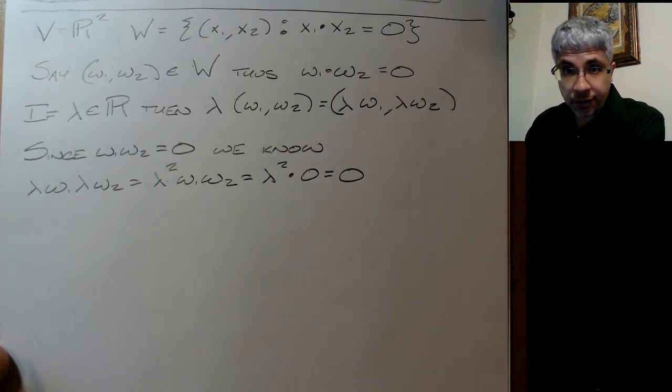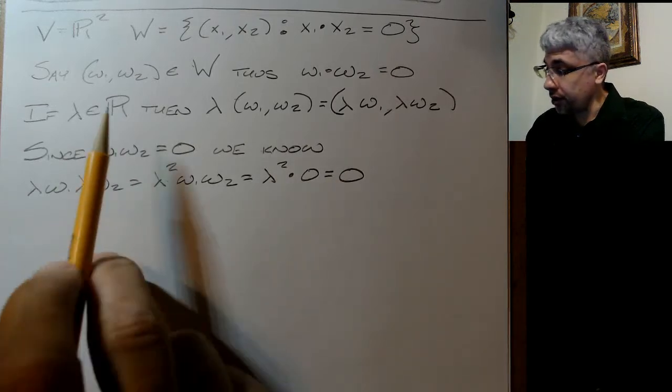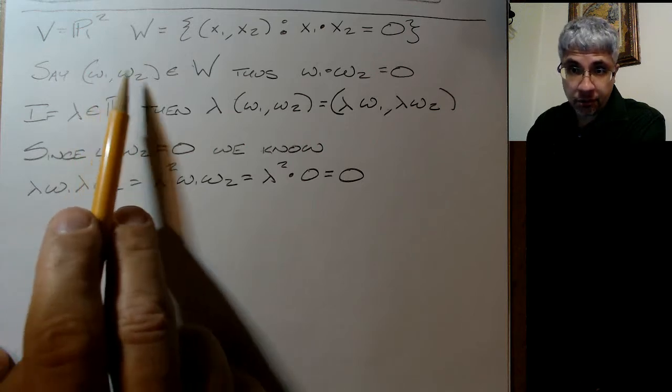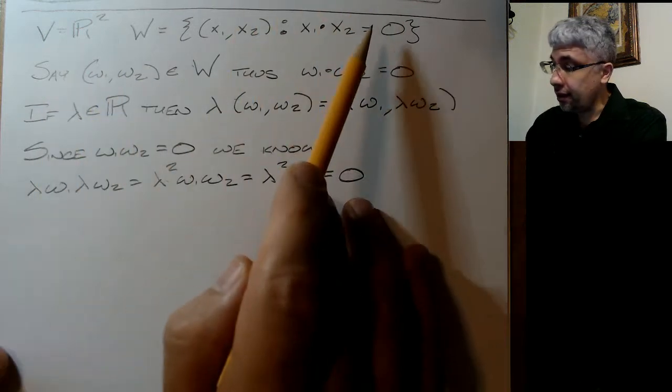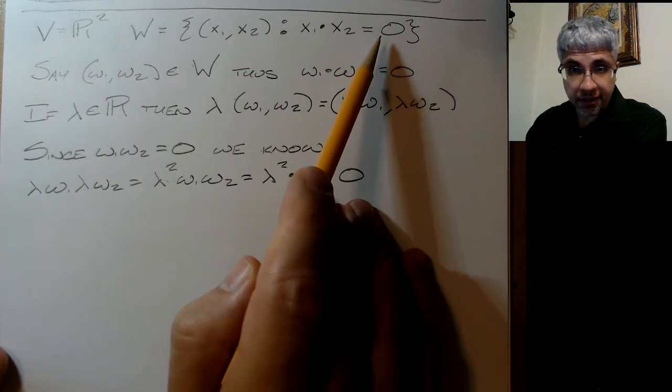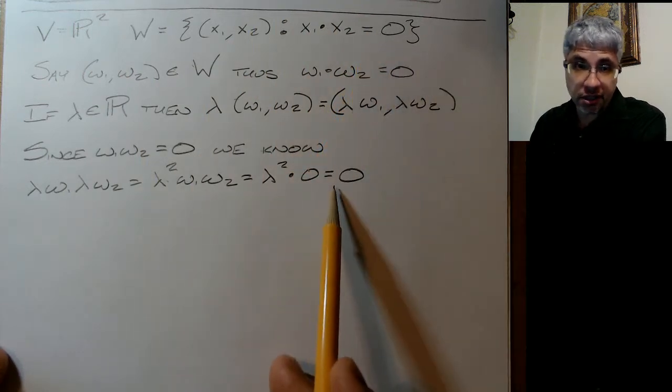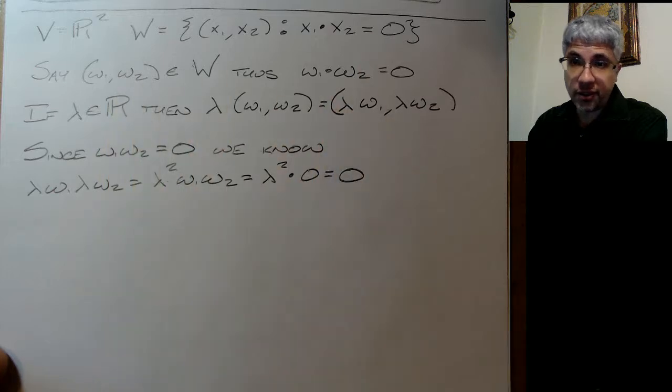And that's exactly what we wanted to show, because we wanted to show that lambda times (w1, w2), this pair, also has the same property that puts it inside W. If we multiply the two things, we get 0. So this is looking promising, like this might be a subspace.